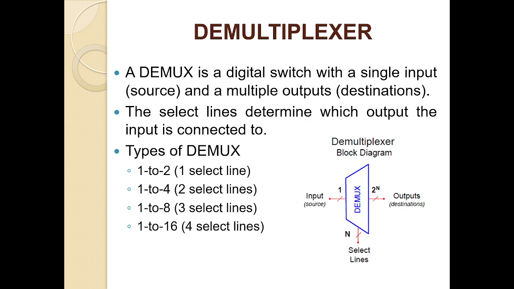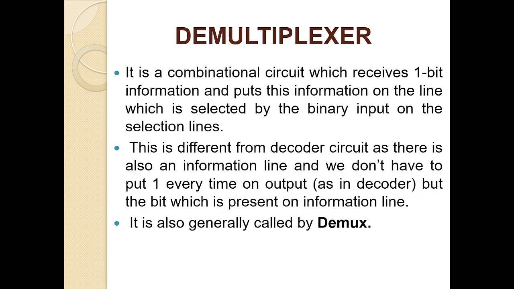If it is 2 power 2, it is a 1:4 demultiplexer, 2 selection lines. 2 power 3 is a 1:8 demultiplexer, 3 selection lines. 2 power 4 gives 16 outputs, 4 selection lines. So these are the types: 1:2, 1:4, 1:8 and 1:16 demultiplexers. Based on the outputs, the selection lines will be fixed.